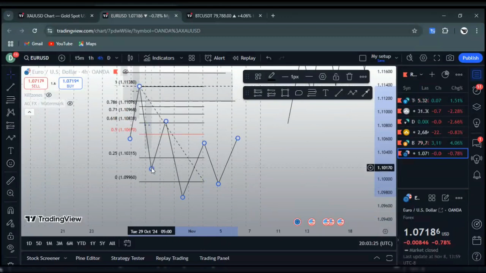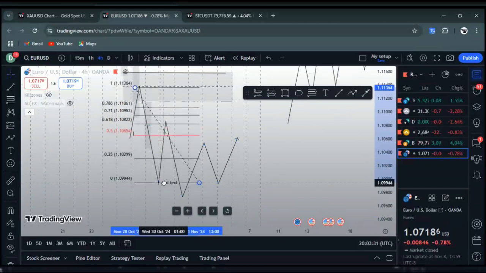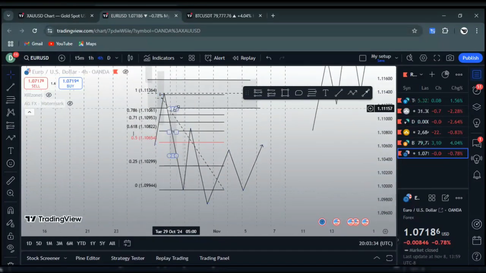Then this is the new low. It's expected that you take your Fibonacci tool and mark it from the top to the bottom.